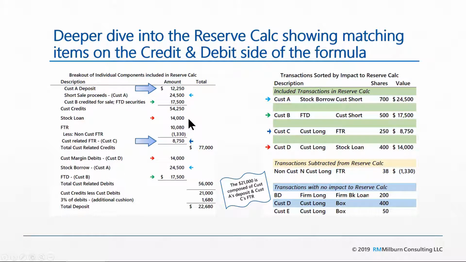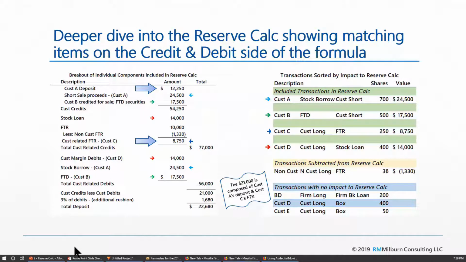And of course, the failed to deliver securities, that's offset by the customer who has not delivered the securities, leaving customer A's original deposit for us to protect, as well as the $87.50 from customer C, who we do not have the shares for yet.